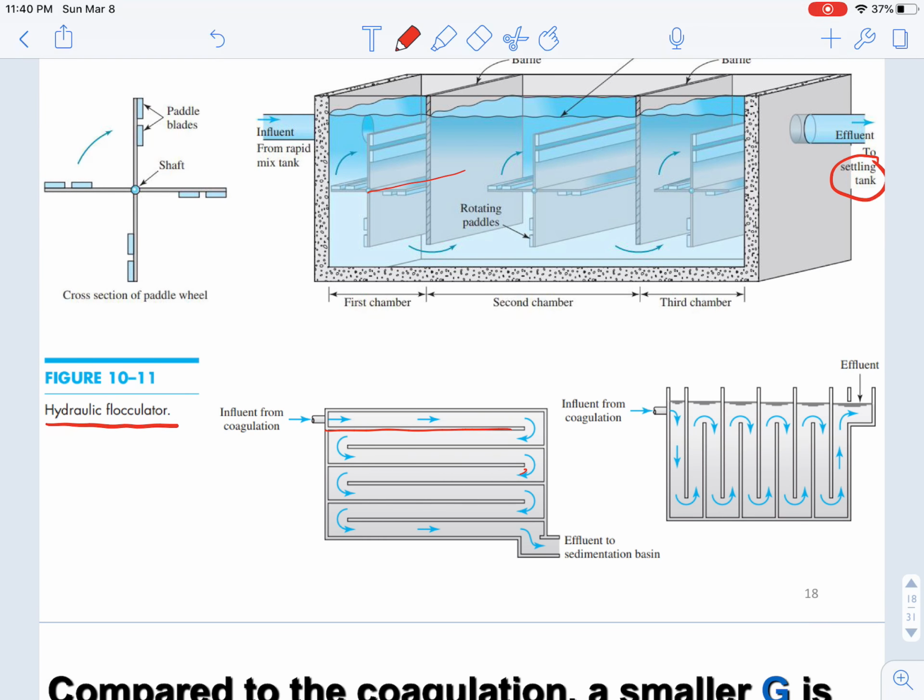And this is basically looking from the top to the bottom. And if we further look from left to right, you can see that for each of these baffles, they are either distant from the bottom or distant from the top.